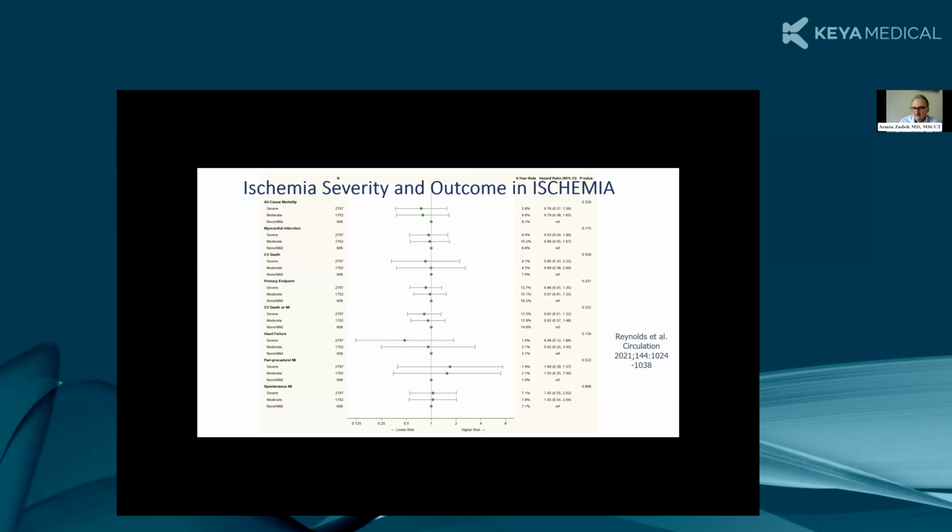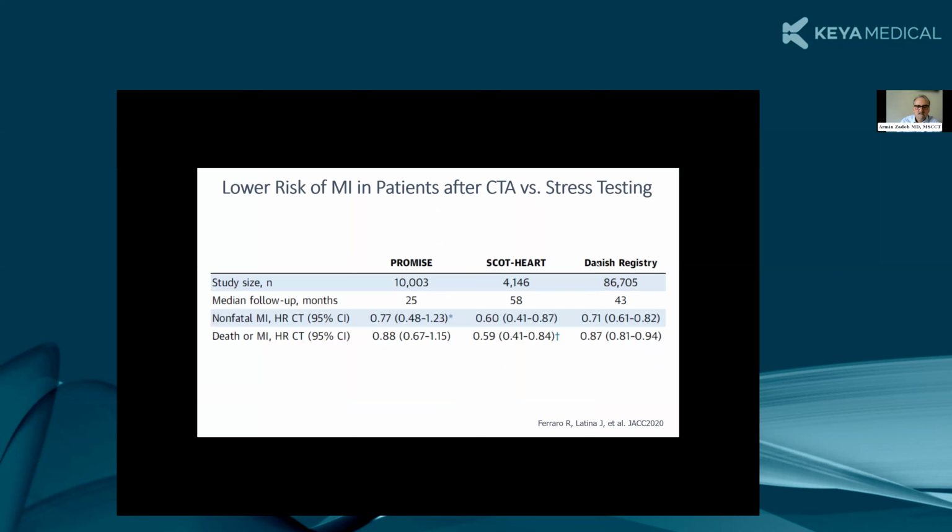So these pieces of information are critical to inform us not only in terms of risk stratification, but also management. What we need to do is identify patients with coronary atherosclerosis, A, and B, we need to have some assessment of how extensive that atherosclerotic disease is.